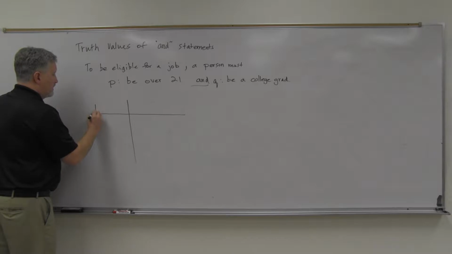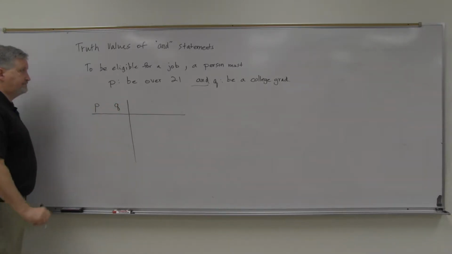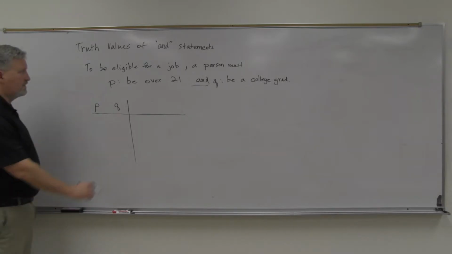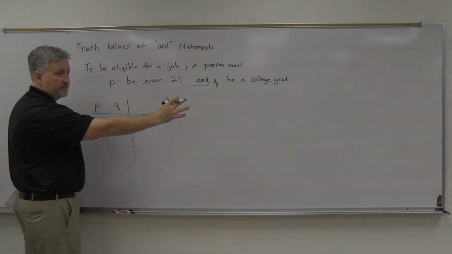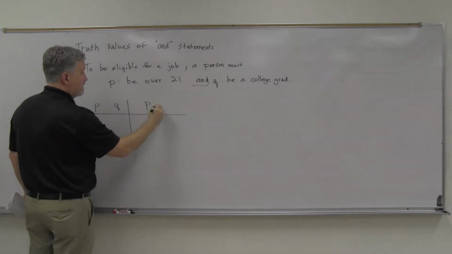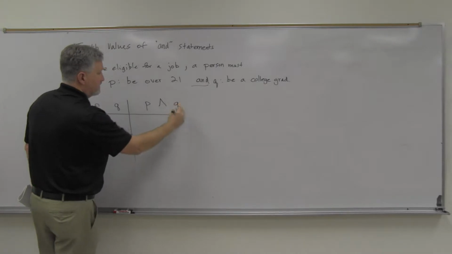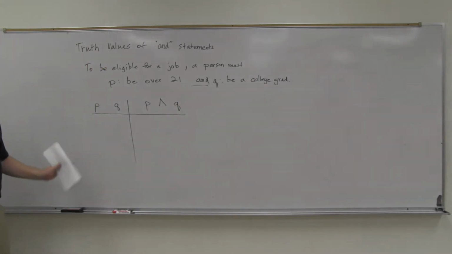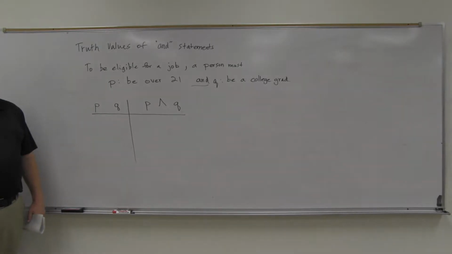On this side of the table, I'm going to put the P's and the Q's. And then over here, I'm going to put my statement, which is P and Q, right? Which symbol-wise would be P, and then the upside down V, and then Q. So I'm going to organize it this way. I'm just going to look at all the different scenarios of people that could come in.